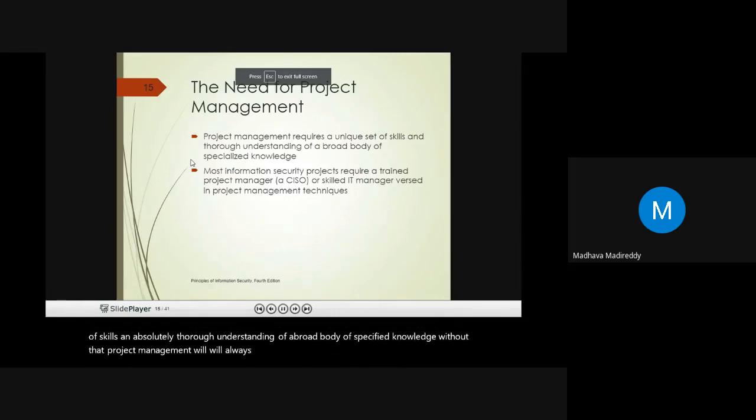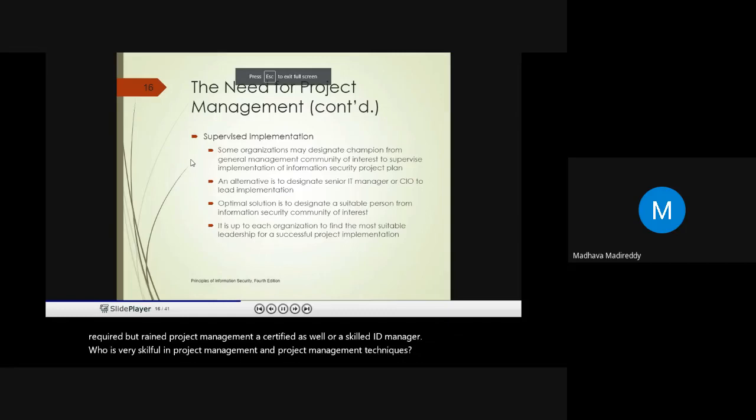The most important security projects require a trained project manager, a certified CISO, or a skilled IT manager who is very skillful in project management techniques. So the need for project management also encompasses implementation in a supervised manner. Some organizations may designate a champion from the general management community of interest to supervise implementation of the information security project plan.